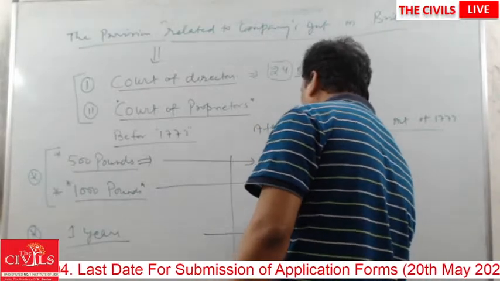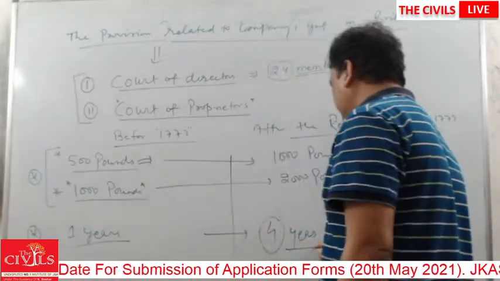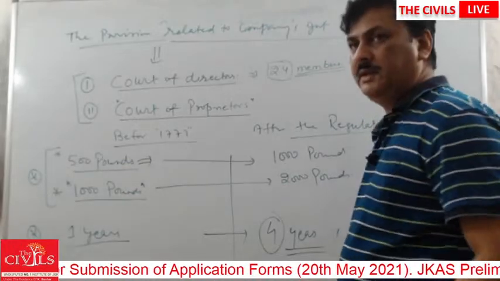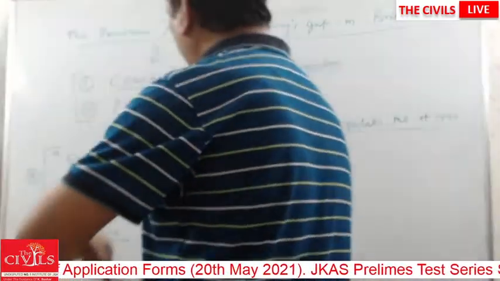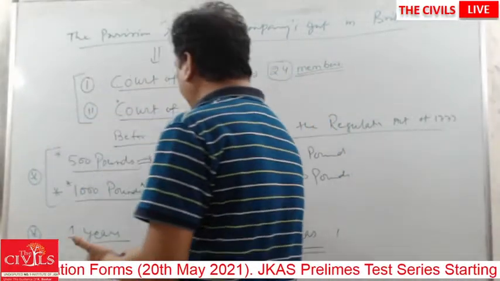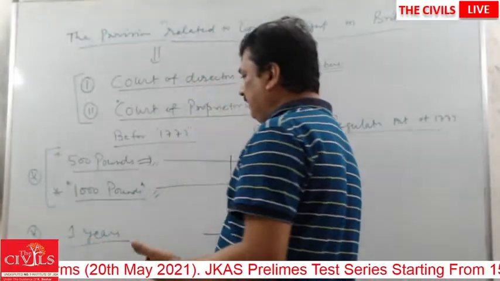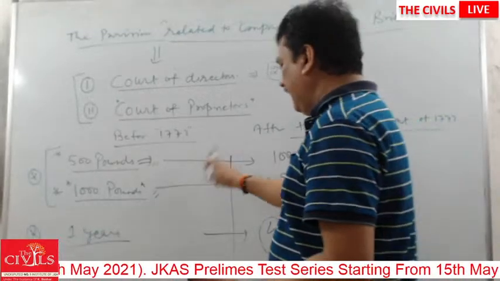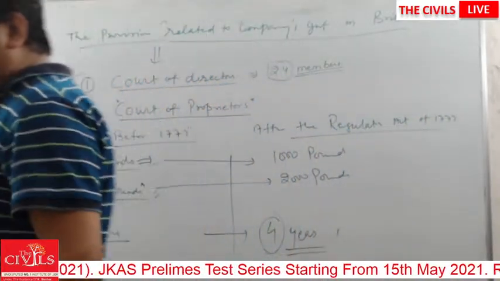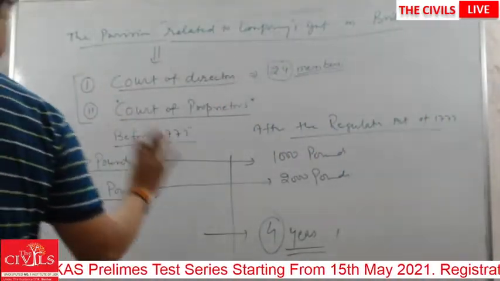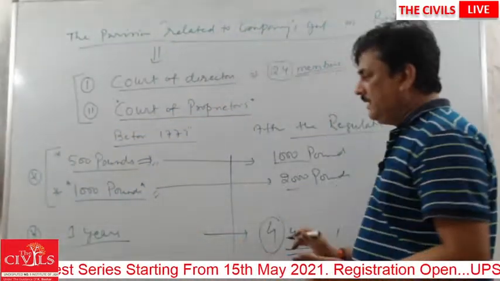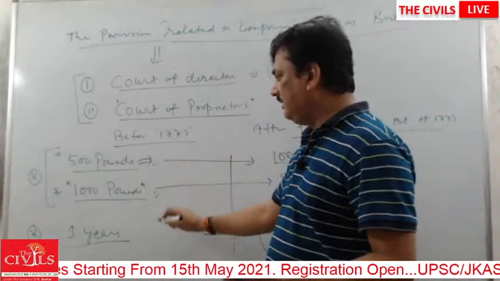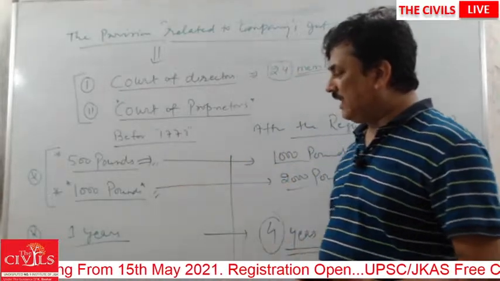The tenure was increased from 1 year to 4 years. I hope it is clear to all of you what is the meaning of 500 pounds here and 1000 pounds here, and how much it was increased to.